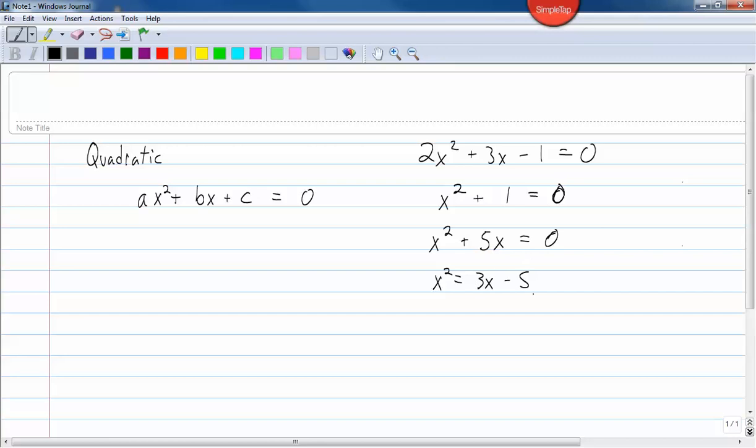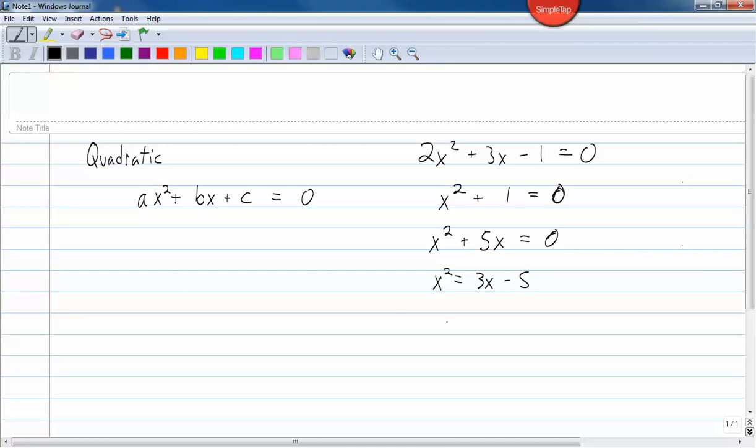Okay, and usually if we're trying to solve for x in an equation like this, we're trying to figure out when the equation is equal to 0. So what you'd want to do is move all of your terms to one side of the equation.